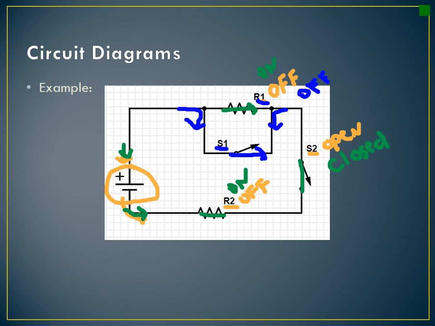So only by leaving S1 open will power have no choice but to go through R1. So here is your complicated diagram. You might have to watch it again from the beginning to take the notes off to have it make sense, but this is essentially how these diagrams work.